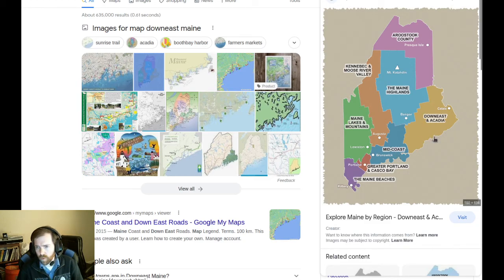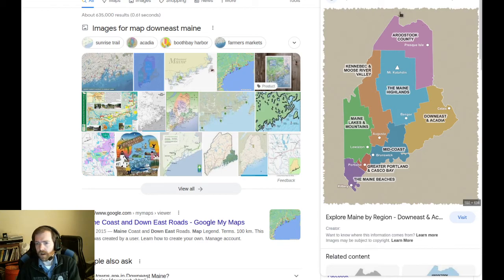Yeah, so way up here, Downeast in Acadia. All of this part is entirely Canadian.